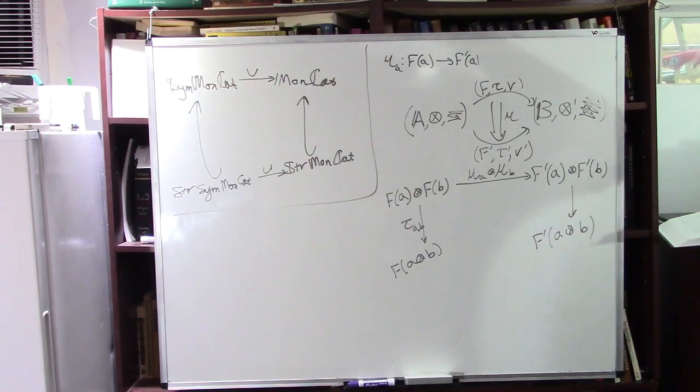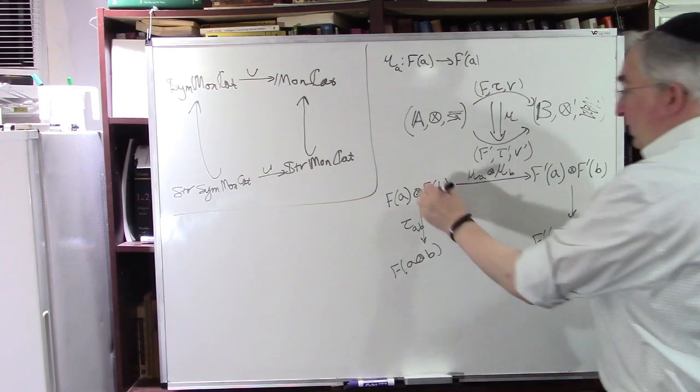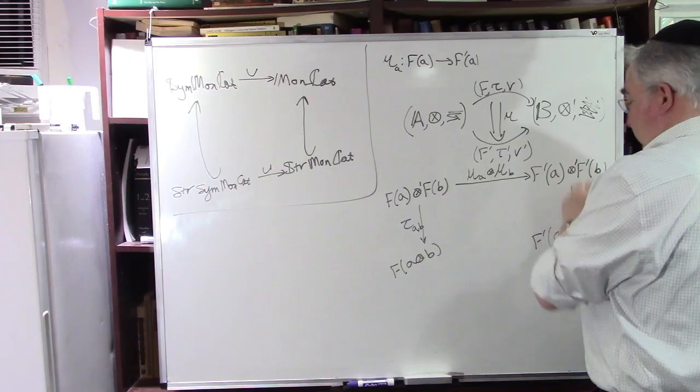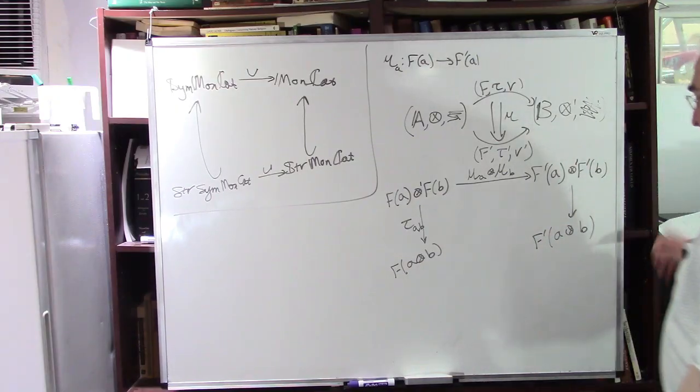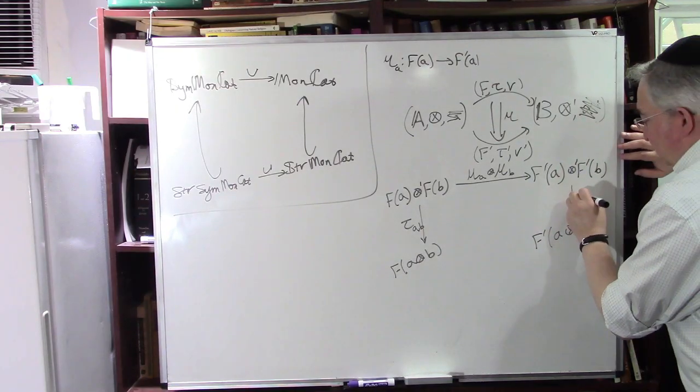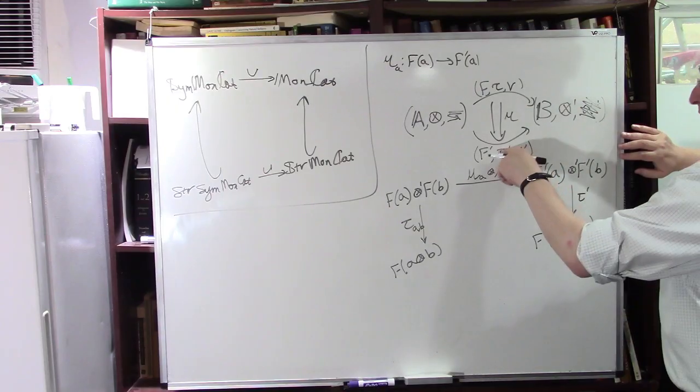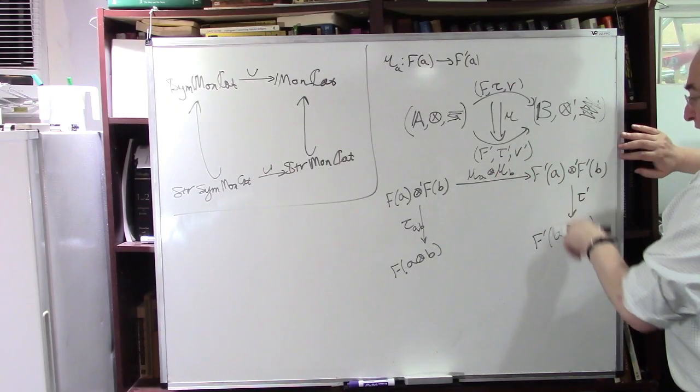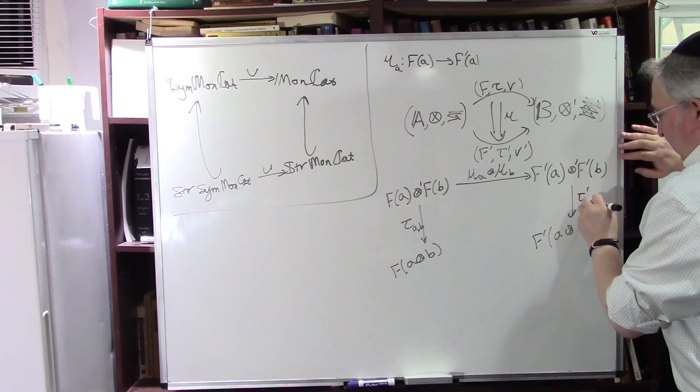Let's get our tensors correct. This is tensor prime, this is tensor prime, this is tensor, this is tensor. This is tau prime, that's this guy, bringing the F primes together. This is a comma b.